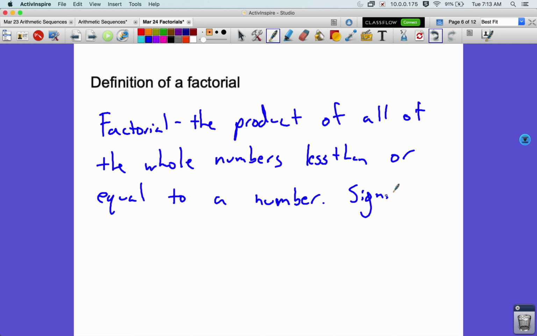And it's signified by an exclamation point. When I say whole numbers, I'm not including 0 here. Obviously, if you included 0, then everything would go to 0.